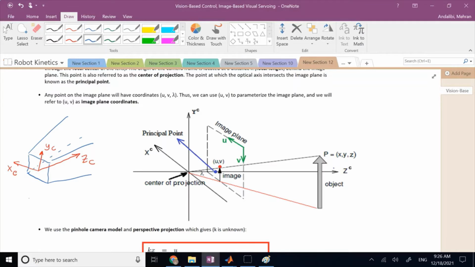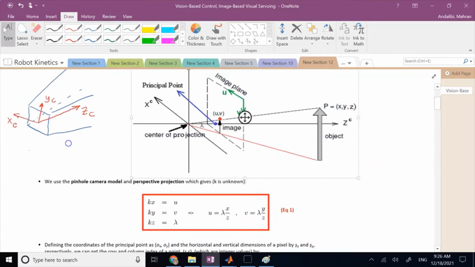Now, how do I use geometry here? Remember again, I have two triangles. They are similar.